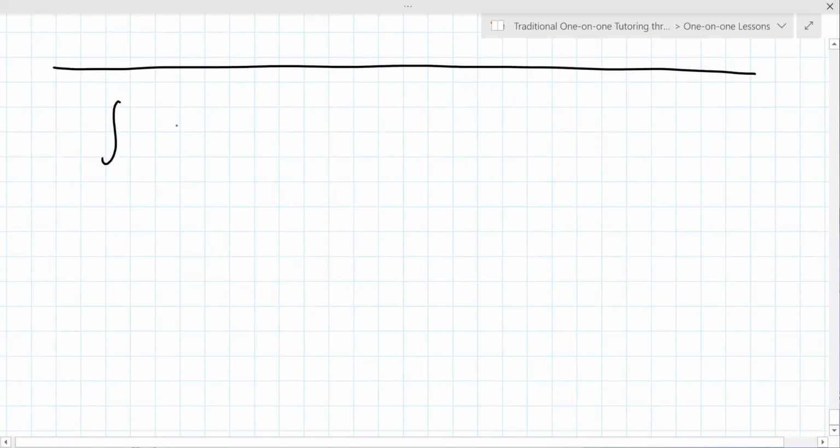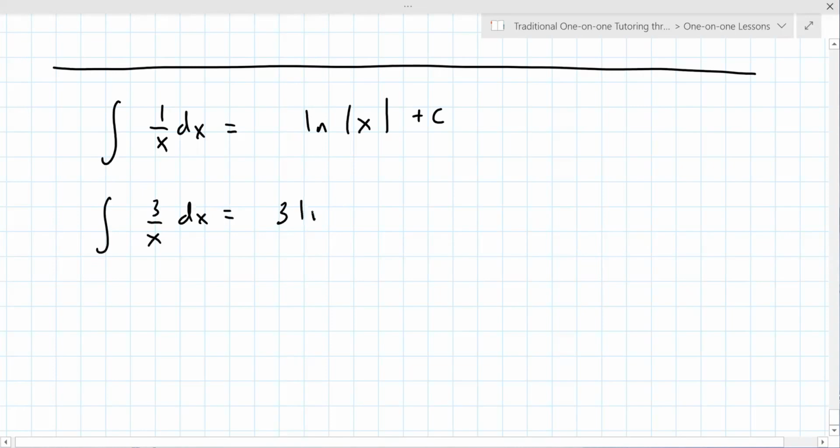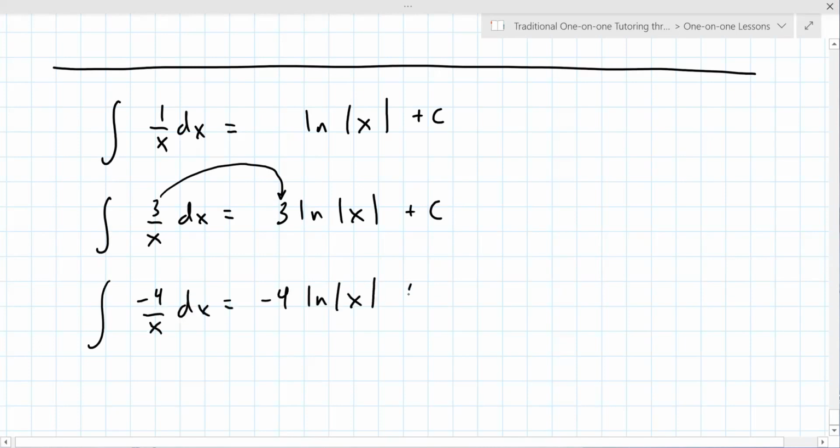The integral of 1 over x dx is the natural log of the absolute value of x plus c. The integral of 3 over x dx is 3 natural log absolute value of x plus c. See how this 3 just comes out in front? Yes. The integral of -4 over x dx equals -4 natural log absolute value of x plus c.